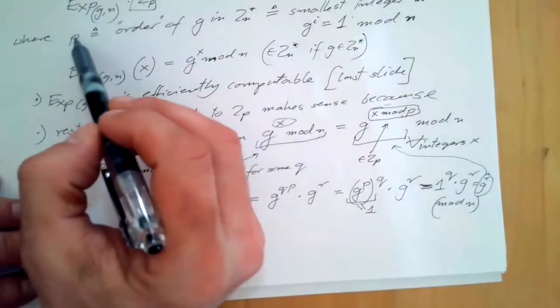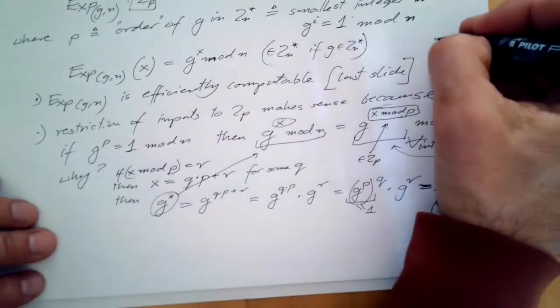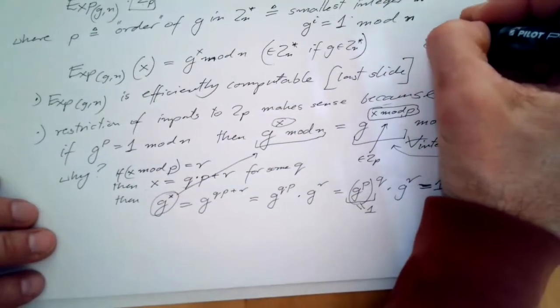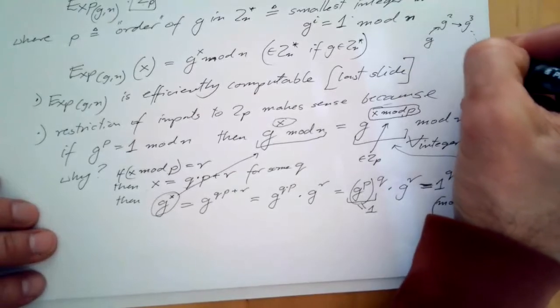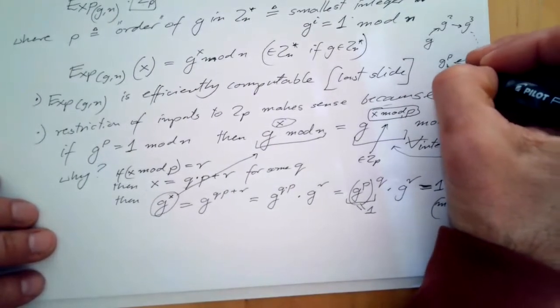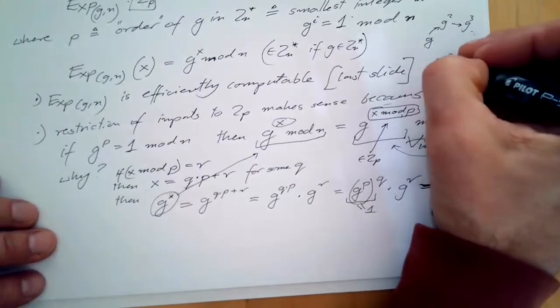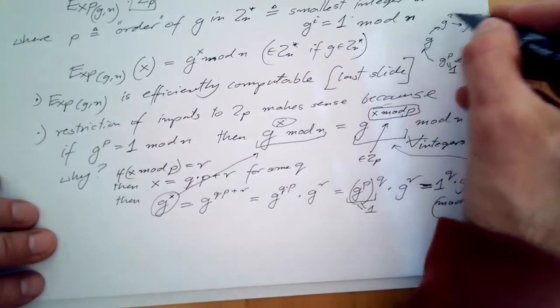And if you do it 2p times, then you're back to unity. So these are cycles. You go from g to g squared to g cubed, and so on, and by the time you reach g to the p, that is 1. You do it one more time and you're back here, and you circle forever.